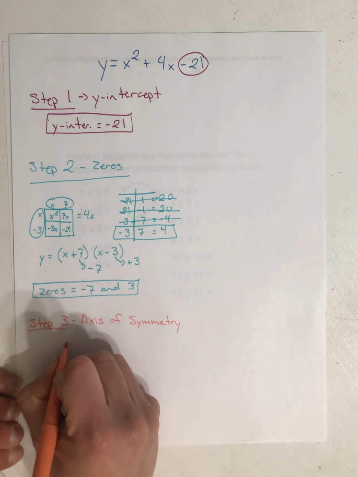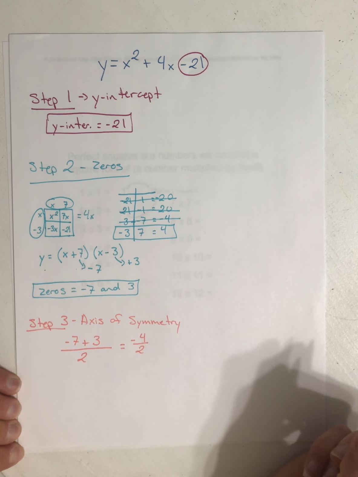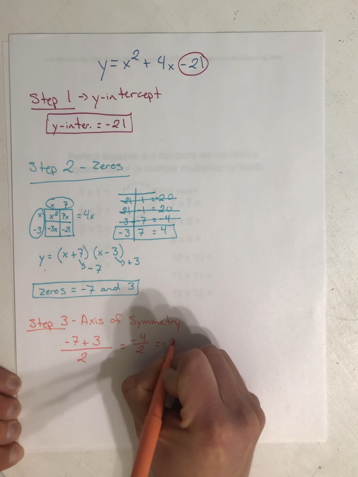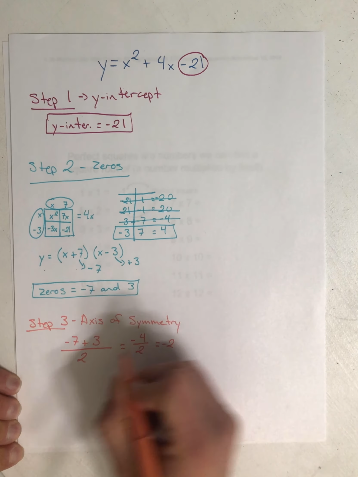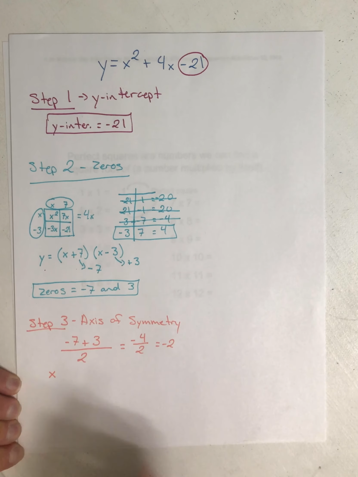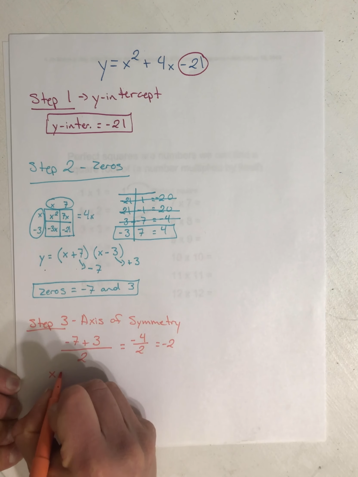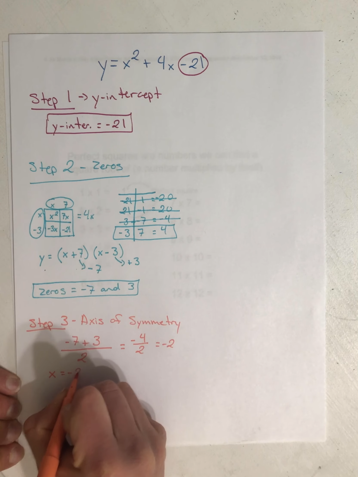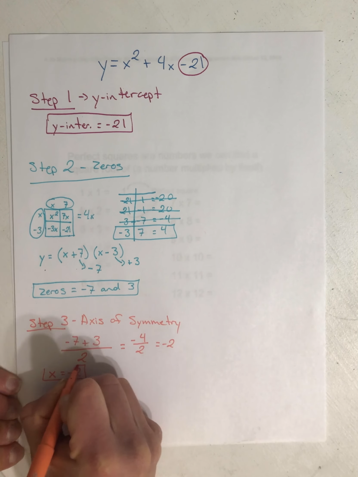And then we divide them by 2. So this gives us -4 over 2, which gives us -2. So our axis of symmetry, which is our x, gives us -2. And we're going to box that.